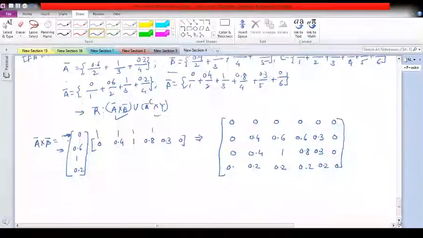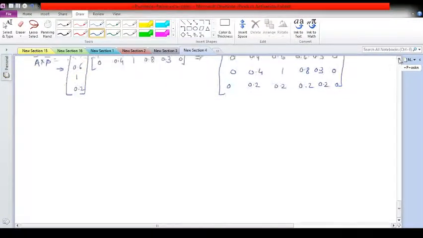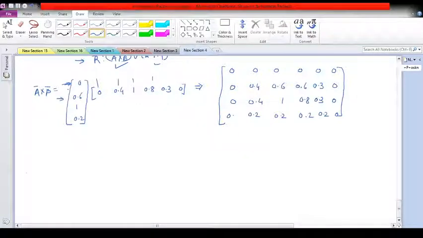Now next obtain A bar complement with Y. So Y membership will be all 1. So let me write now A bar complement with Y. So A bar is now 0, 0.6, 1, 0.2, so complement will be 1, 0.4, that is 1 minus 0.6, 1 minus 1 it is 0, 1 minus 0.2 it is 0.8, and Y will be the presence of everything, so it will be 1, 1, 1, 1, 1, 1, 6 times.